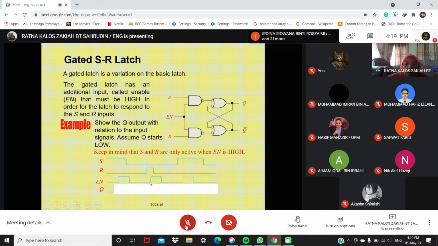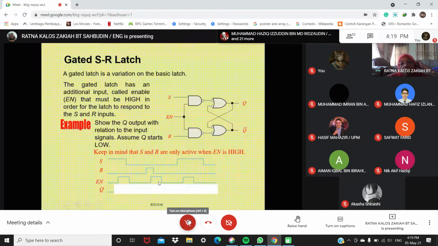At this point, at the positive edge of the second clock there. Irdina, what happened? It will become low. Okay, it becomes low here.